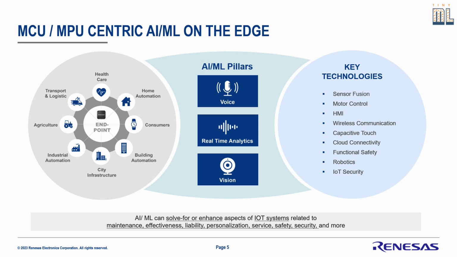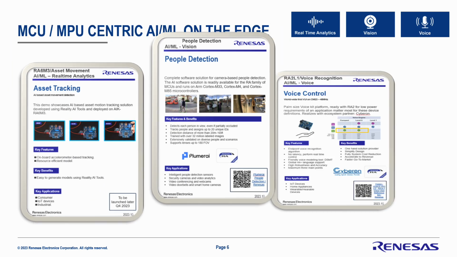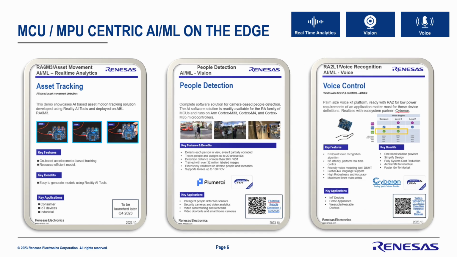So on that part, and moving forward, let me tell you a little bit about the demos that we have outside in the next room, and they really reflect those three pillars that I have explained before.